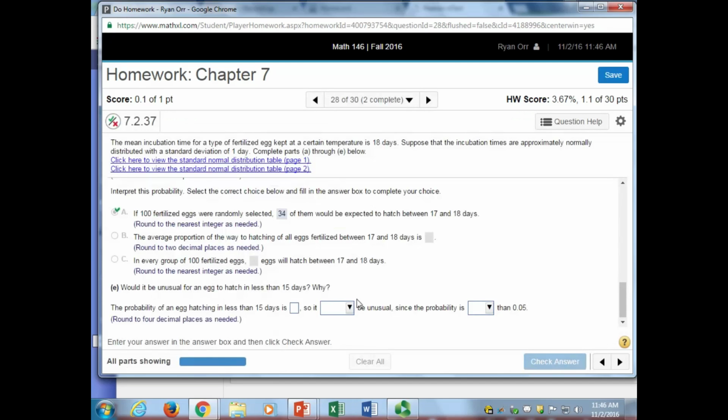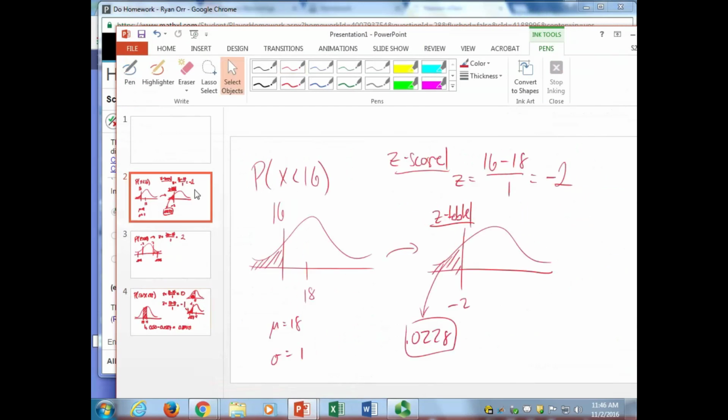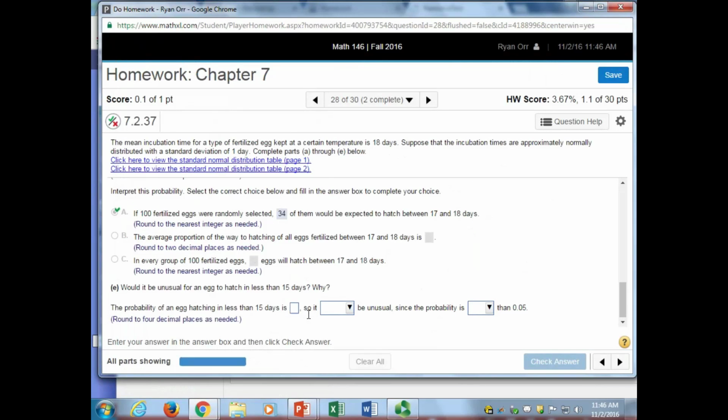And would it be unusual for an egg to hatch in less than 15 days? Why do you think it would be? Probably. The reason is because, look, even back when we looked at 16, even hatching in less than 16 days is pretty unlikely. It has less than 2% chance. So less than 15 is going to have an even lower probability. And the kind of threshold we use is 5%.